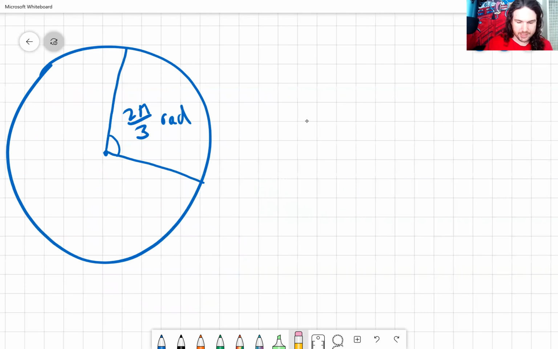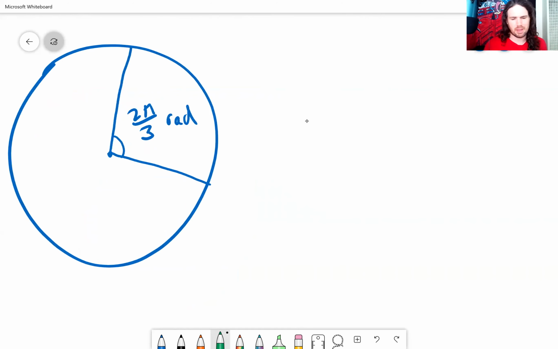And let's say the radius itself is, I don't know, like 12 inches. We'll say it's a foot. Okay, 12 inches. So it's like a medium pizza, right? I think a medium pizza is 12 inches. And you've got 2 pi over 3 radians. And we want to find this arc length.